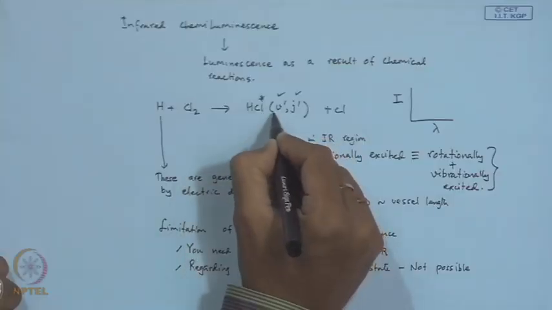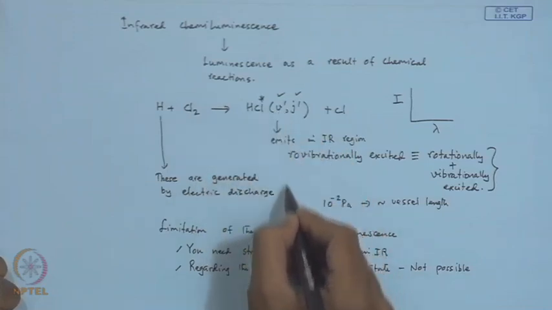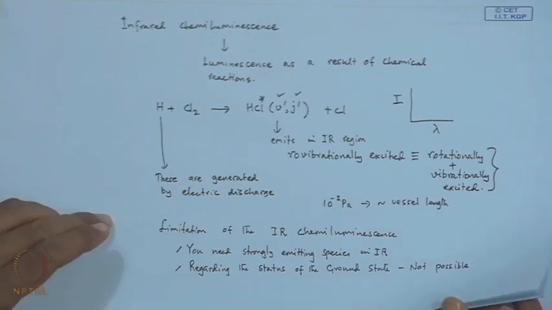But since it is emitting from some excited rovibrational state, you do not get any information about the population of your ground state. So what is happening to the ground state is difficult to know.